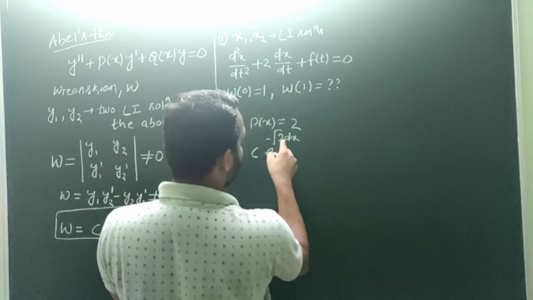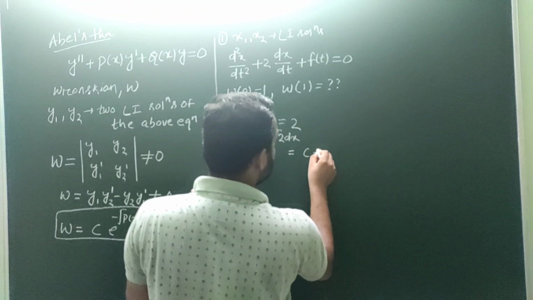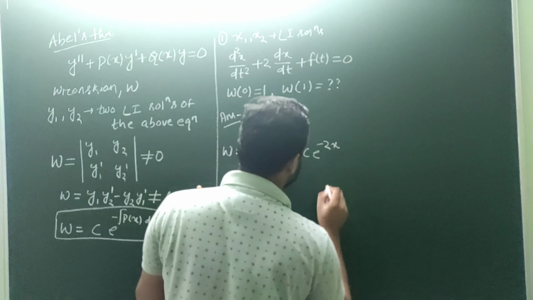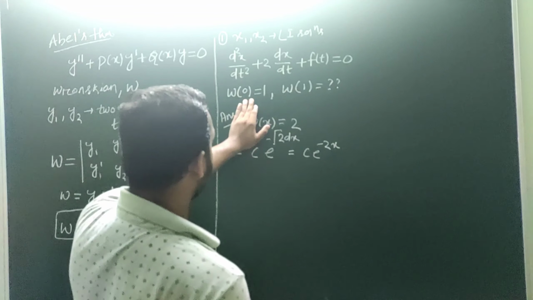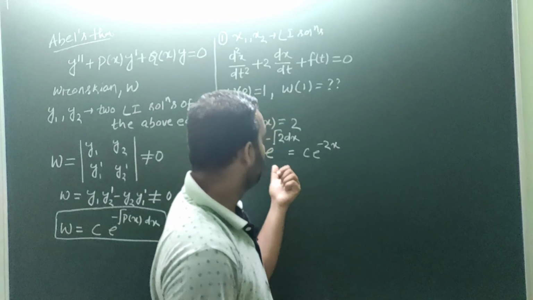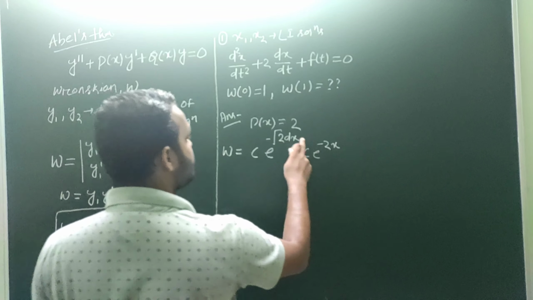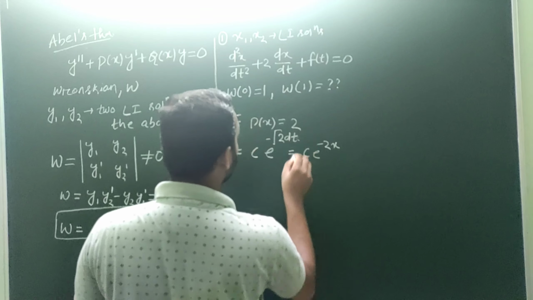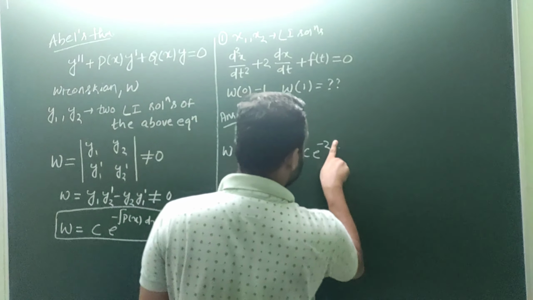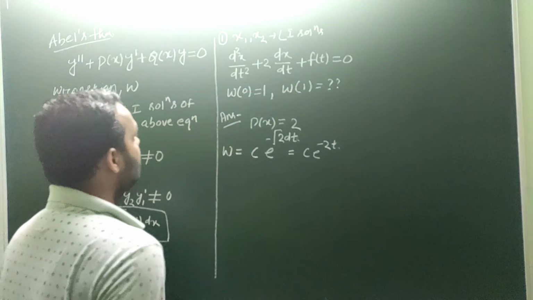So minus of 2 dx, that will give you C e to the power minus 2x. And there is one condition given to find this arbitrary constant. Apply this one. So you have to put, I'm sorry, this will be t actually, because the independent variable is t here. Here also t, right?